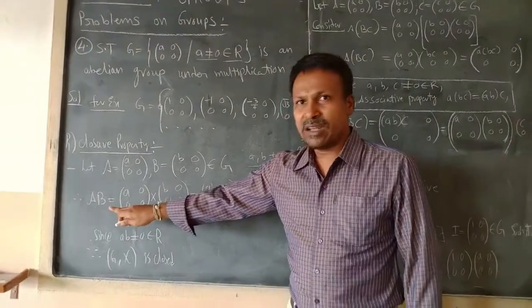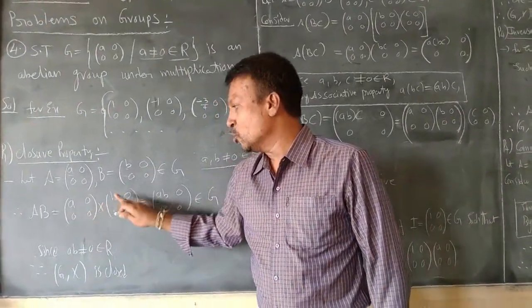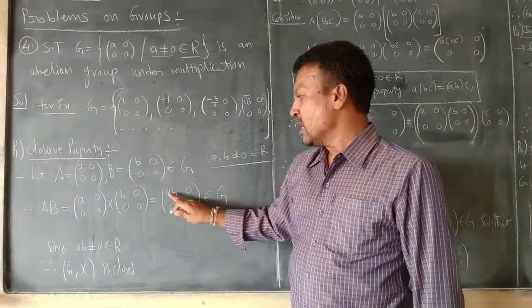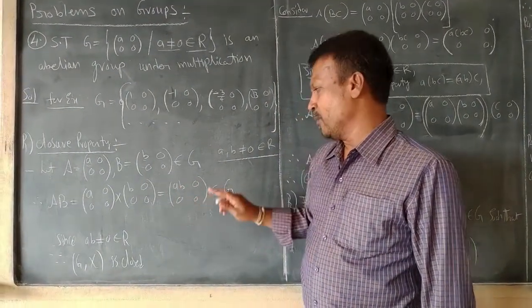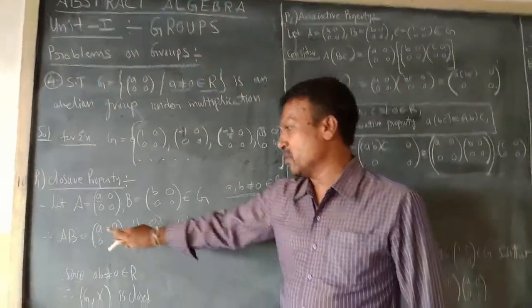If I go for multiplication of matrices A, 0, 0, 0 into B, 0, 0, 0, it gives AB, 0, 0, 0. So this AB is again a real number. Why?